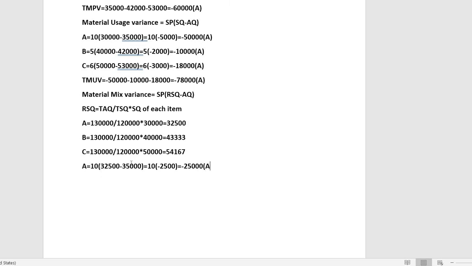So 10 into minus 2,500 is equal to minus 25,000, which is adverse variance.